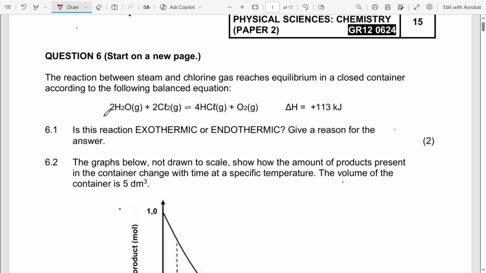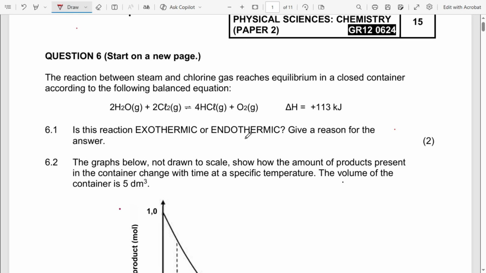So we are given a chemical reaction and they say that delta H is positive 113 kilojoules. And now the first question they're asking you is, is this reaction exothermic or endothermic? They want you to give a reason for your answer. So let me quickly explain how this works.